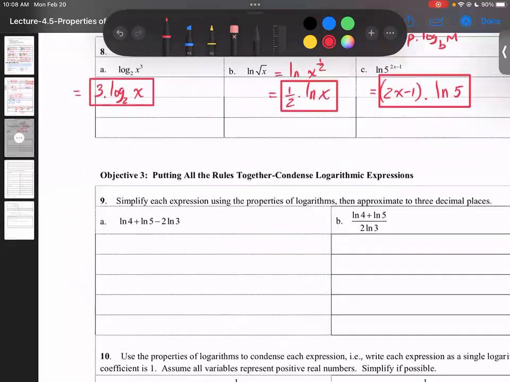Number 9. Number 9, we're going to simplify the expression using all the rules that we've been studying. What rule should you use first?